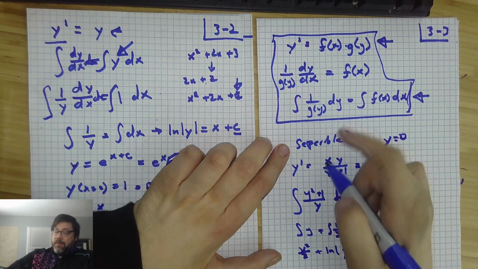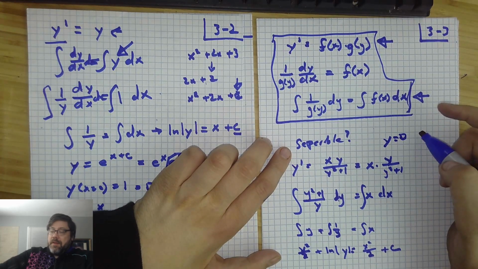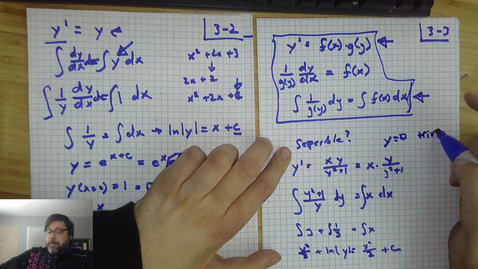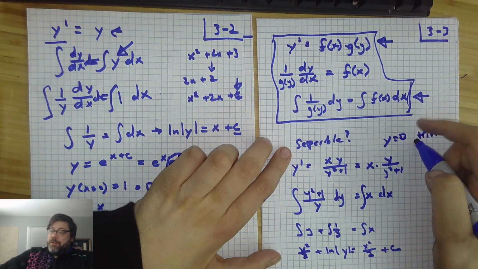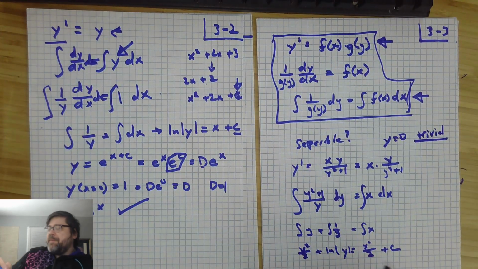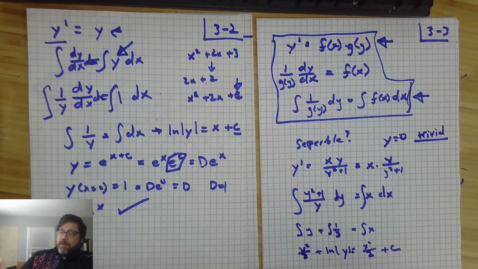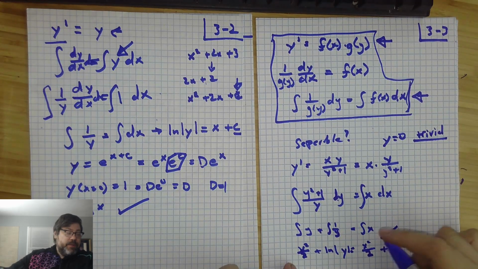If y equals 0, this equals 0, and the derivative equals 0. This is called the trivial solution, right? You can often find simple solutions, and it often happens when y equals 0 or x equals 0.